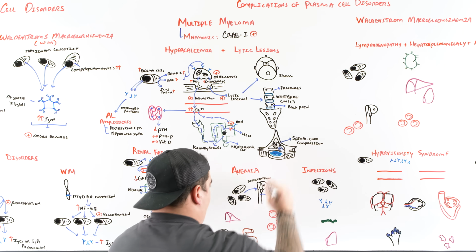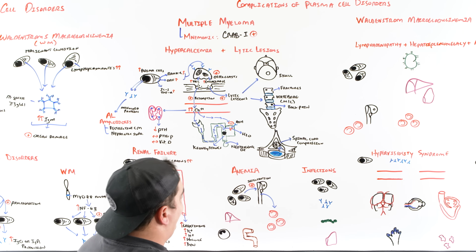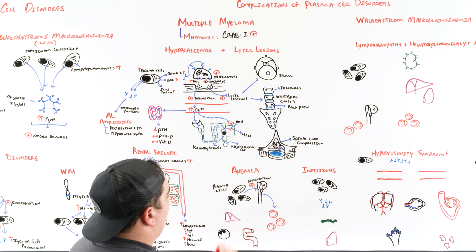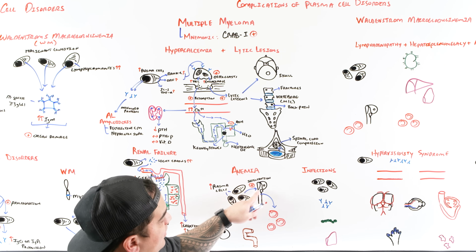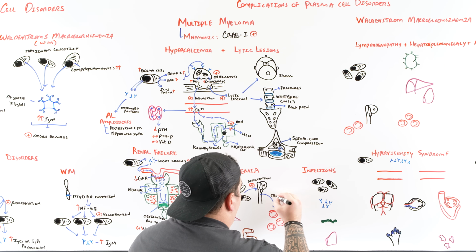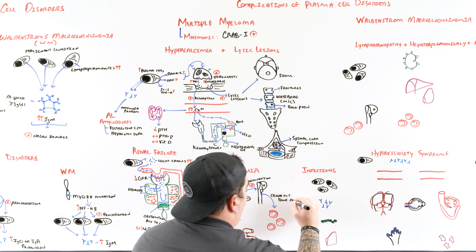What I mean by infiltration is I take these plasma cells, here's all my plasma cells, and I've got a lot of them. They go into the bone marrow and get in there, and when they get in there, they start crowding out that space. If I crowd out the bone marrow, I make less room, and I take away the nutrients that are needed to make other cells.